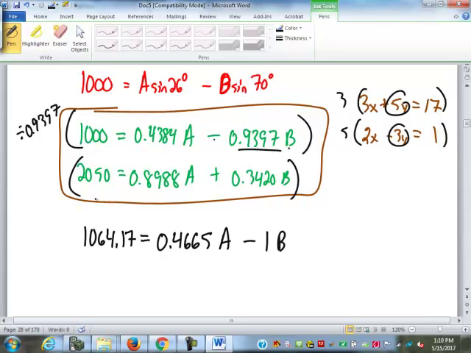This one I'm going to divide by the 0.342, right?